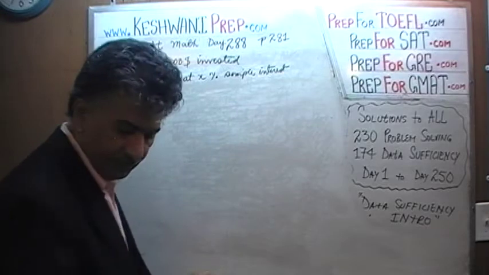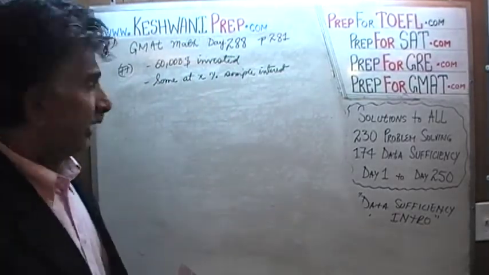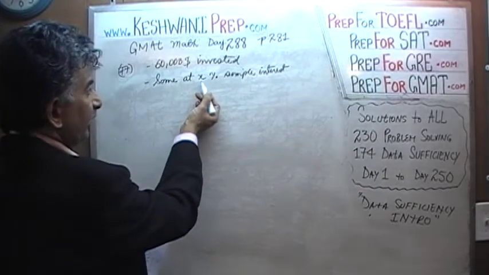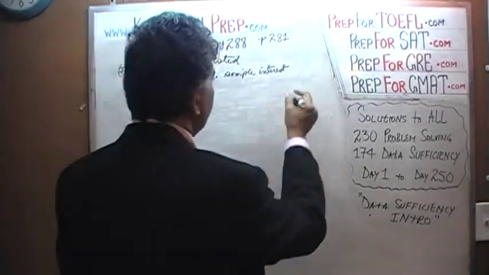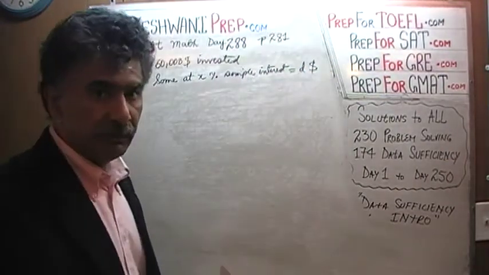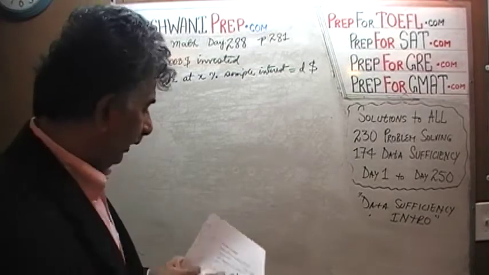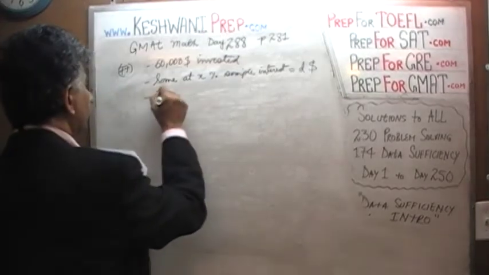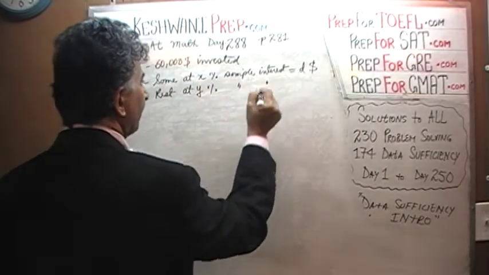Problem number 77 tells us that we have invested $60,000. We are told that some of that money was invested at X% simple interest rate. We're going to give this amount a name. We're going to call that D dollars, D for dollars, and the rest we are told is invested at Y%, the same simple interest rate.